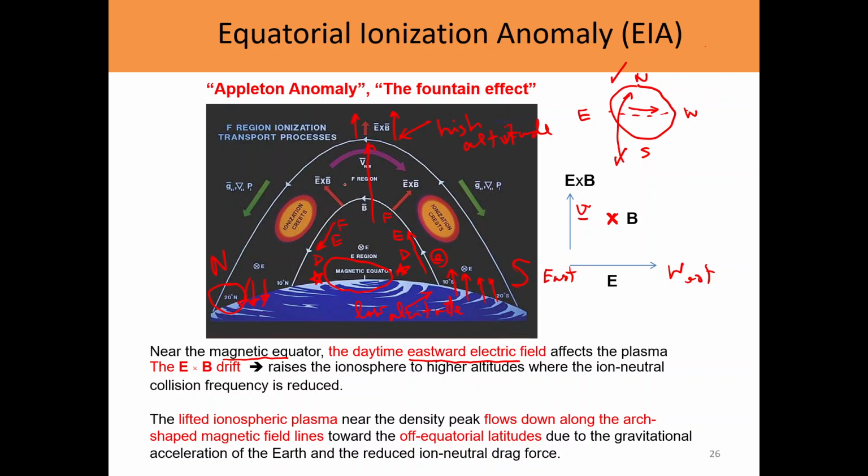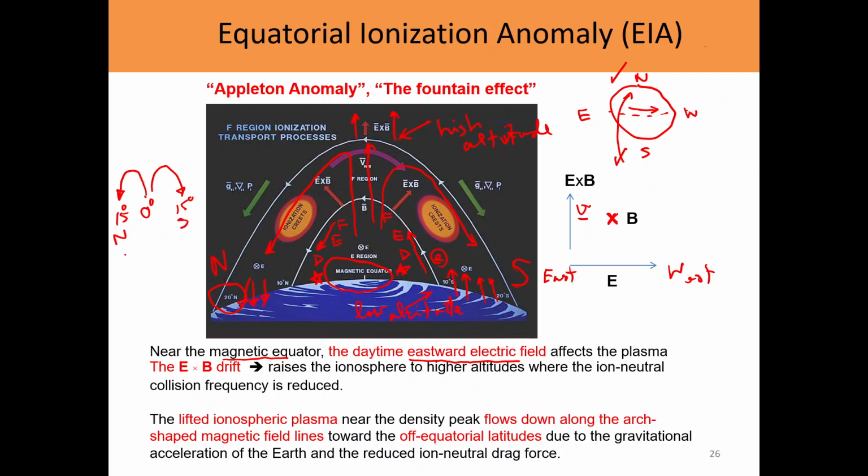All these ions get pushed up, and then they travel down the magnetic field line. So basically the ionized particles get pushed up and then fall down along the magnetic field line from the magnetic equator to about 15 degrees north and south of the Earth.